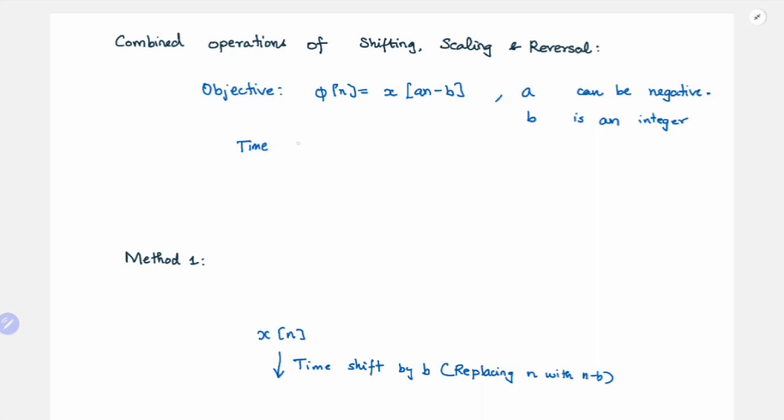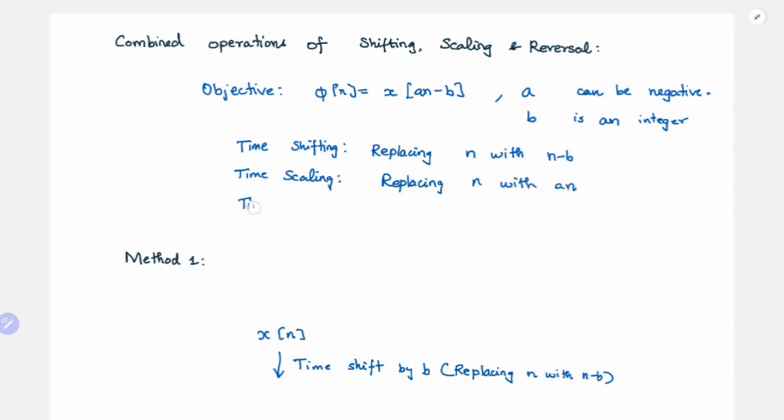So your time shifting to the right, let's say, is replacing n with n minus b, and your time scaling is replacing n with an, and your time reversal is replacing n with minus n.